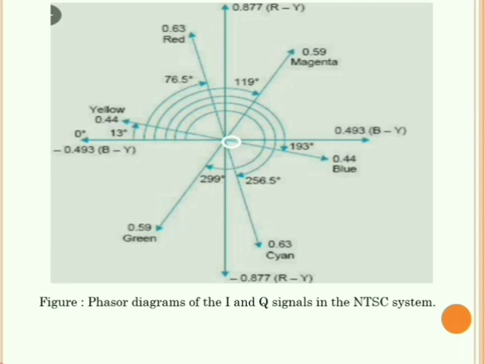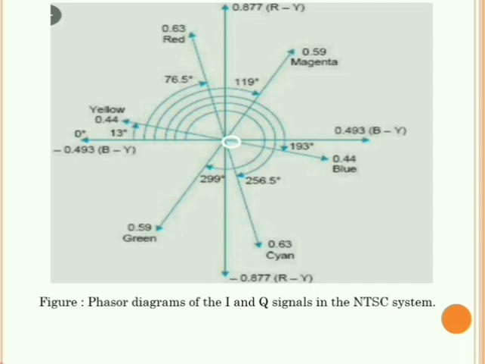Then we have seen the chromaticity diagram, which has a shape exactly like a horseshoe. We have seen how that chromaticity diagram is plotted, how the rainbow colors are formed on a particular x and y axis.